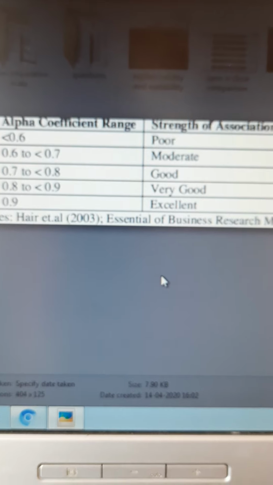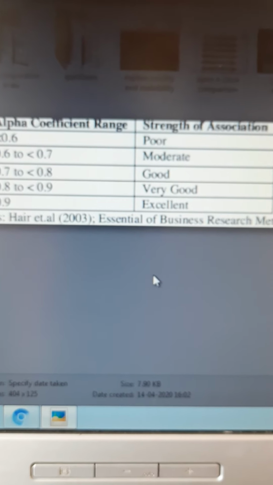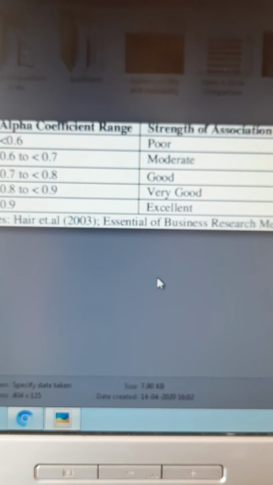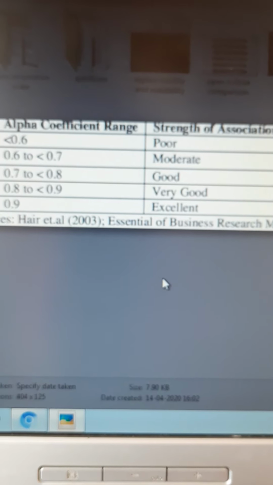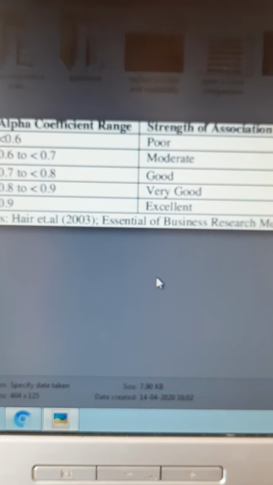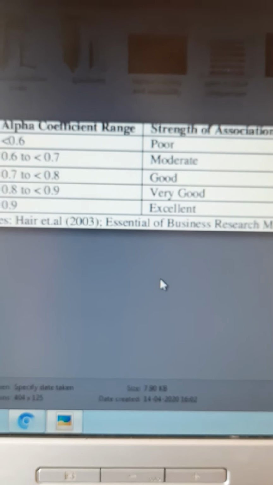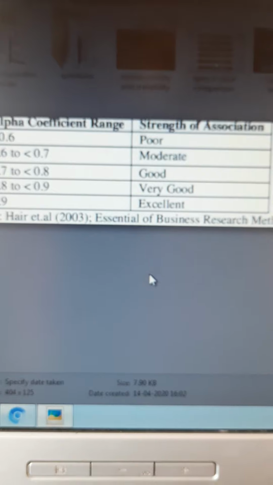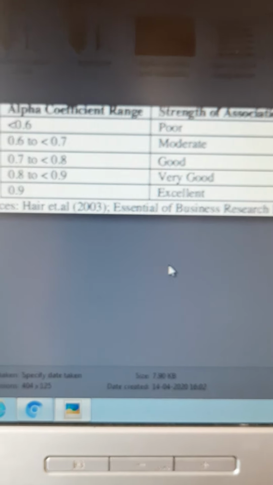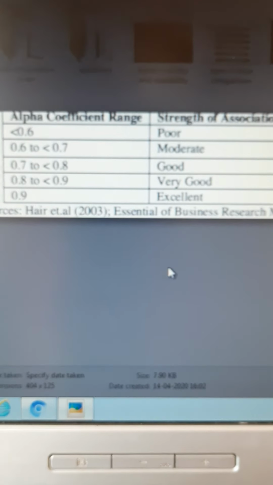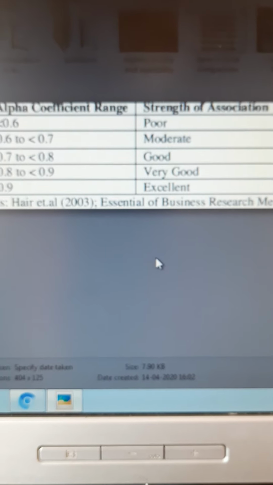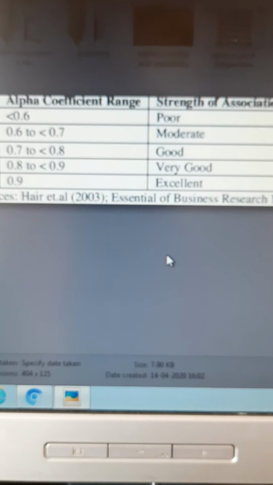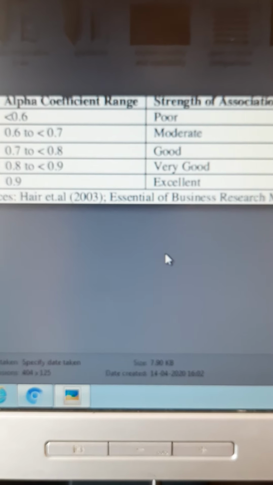If it is 0.8 to 0.9, then your reliability is very good. If it is 0.7 to 0.8, good. 0.6 to 0.7, moderate. 0.6 and below, poor. Very high standards. For you all, 6 is first class. For them, 6 is poor.